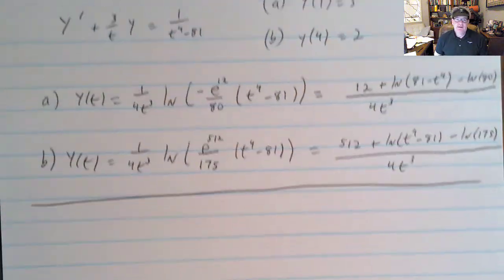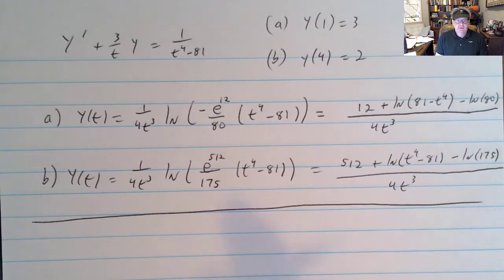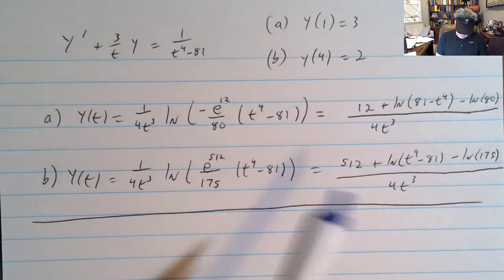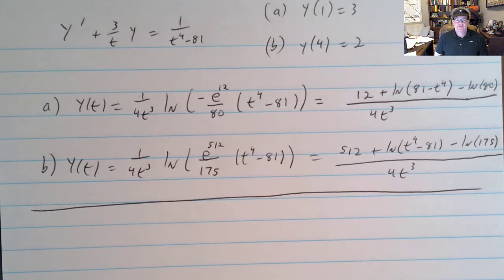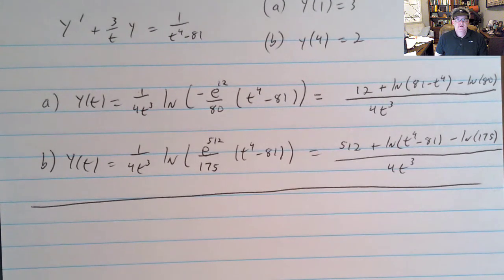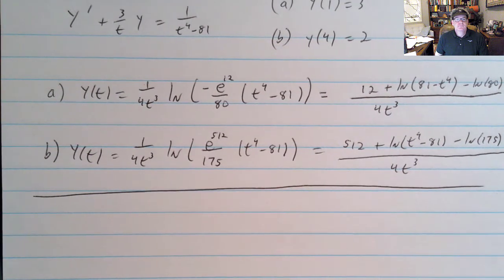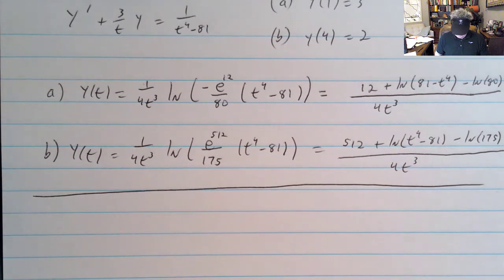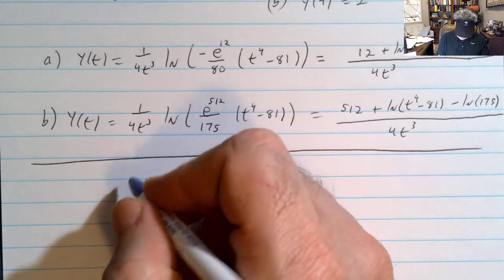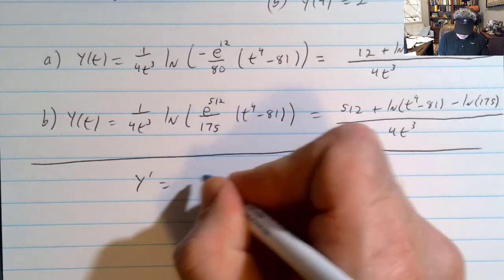We can actually analyze this particular answer and see what's going to happen. But let's analyze the direction field, or the derivative. If I solve for y prime, what do I get?